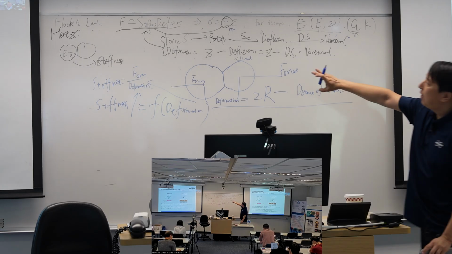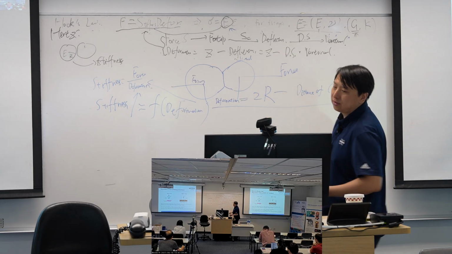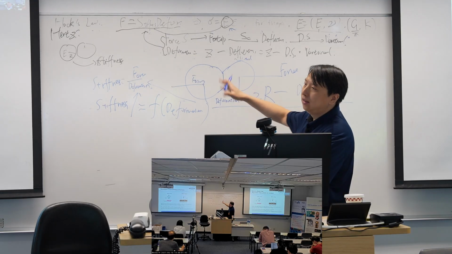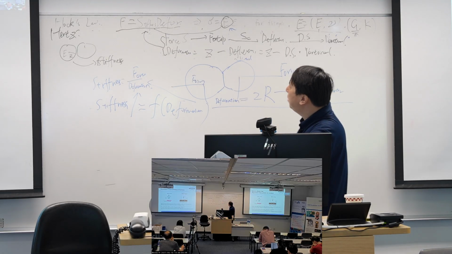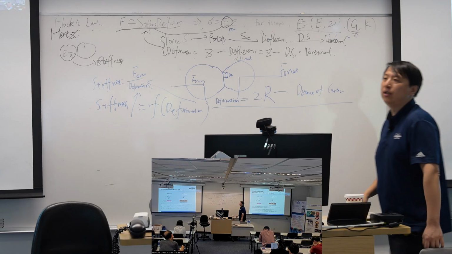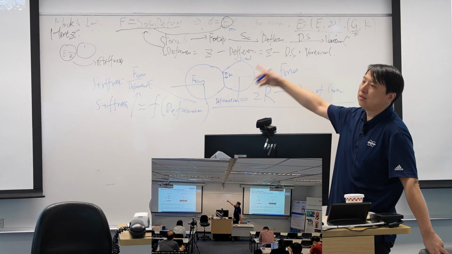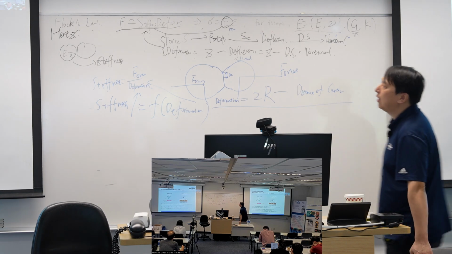So for these two spheres, he defined a parameter here. It's the radius of the contact area. He called it AC. That's the radius of the contact area.